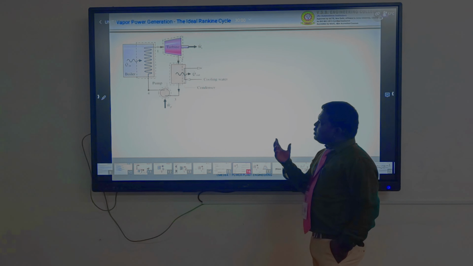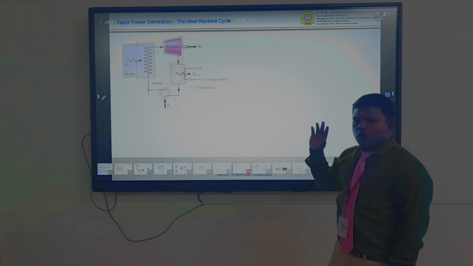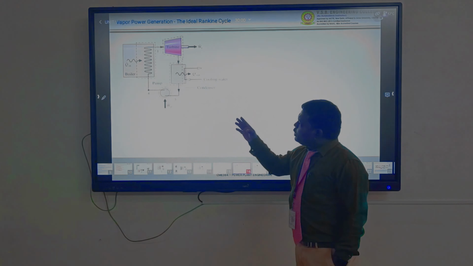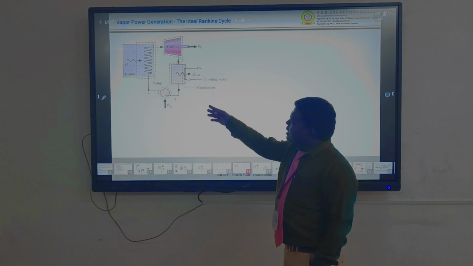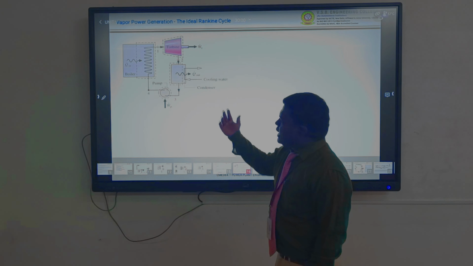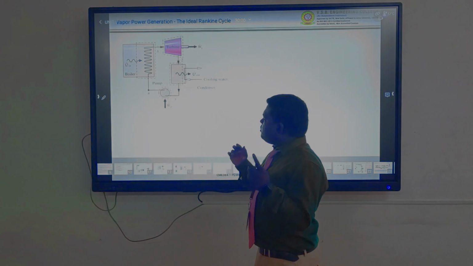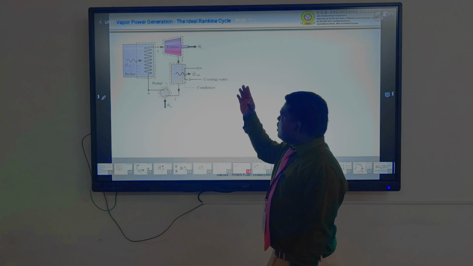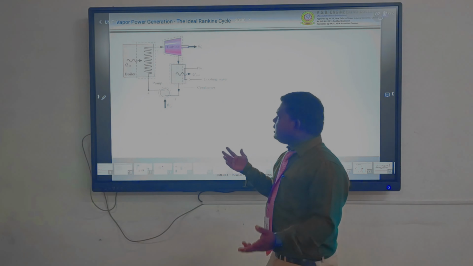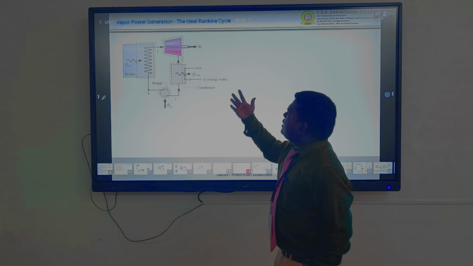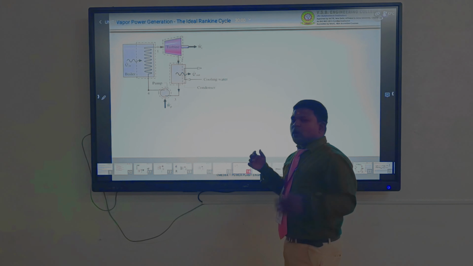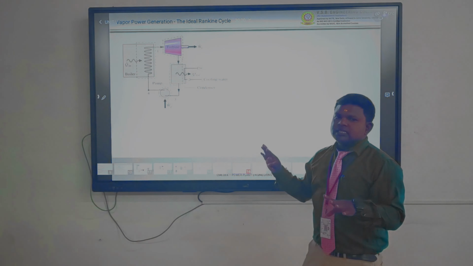We know the basic efficiency is output by input. The output is the work done and the input is the heat supply. The output work done is from the turbine and the input is the heat supply, so efficiency is equal to work done divided by heat supply. This is the basic method.